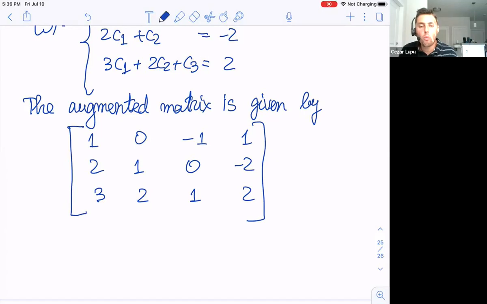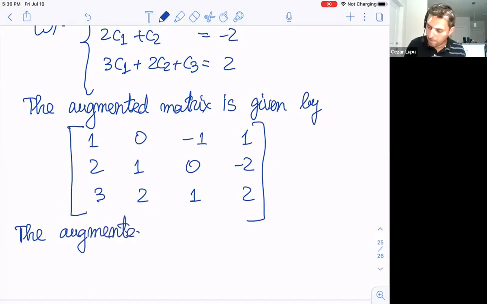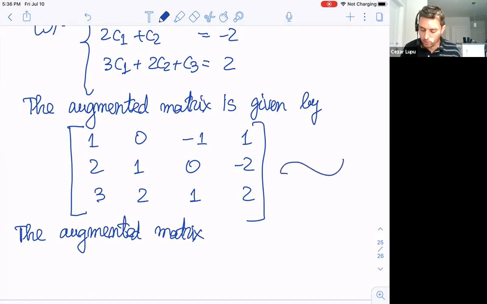And we want to perform elementary transformations on this augmented matrix, and I'll leave this to you as an exercise.